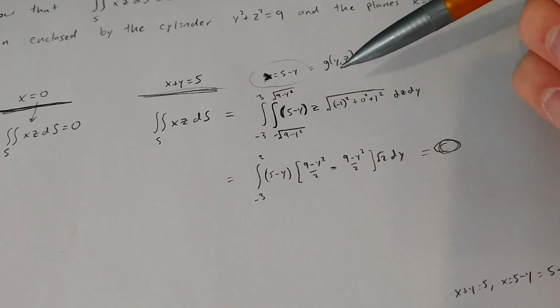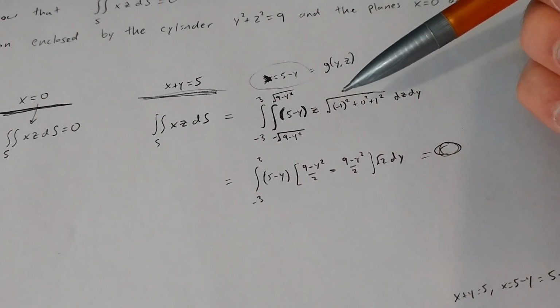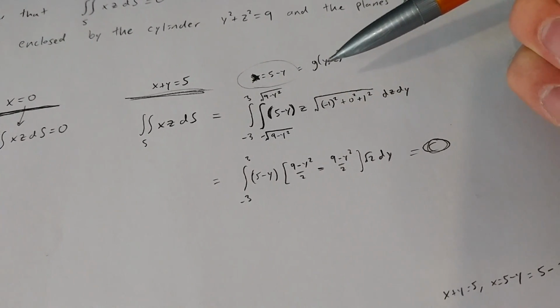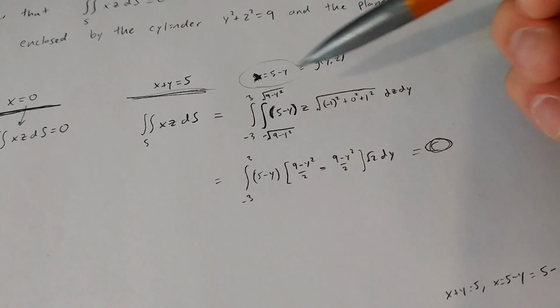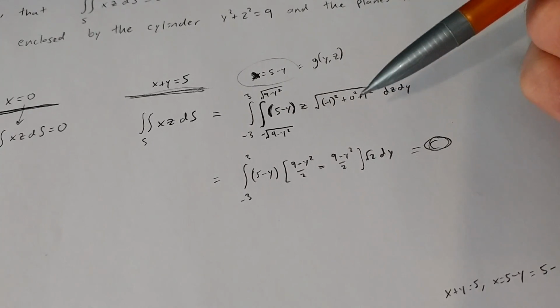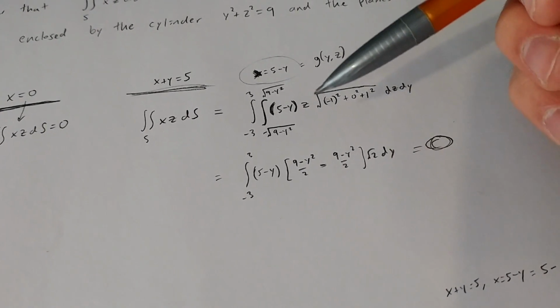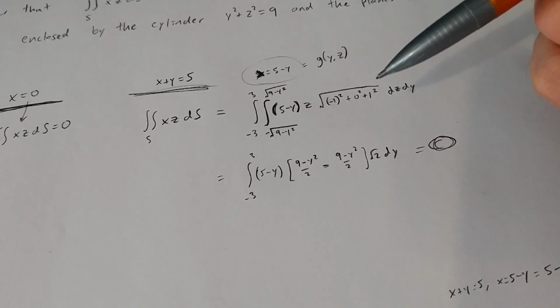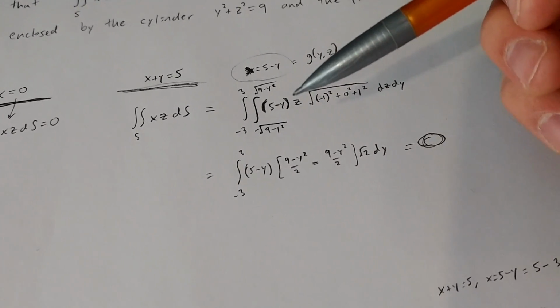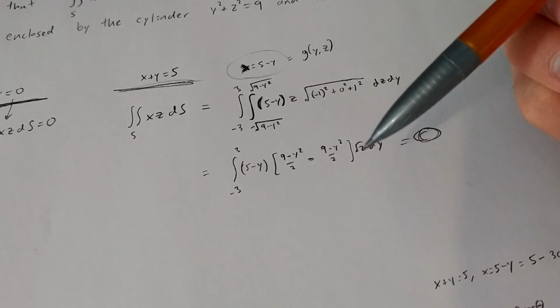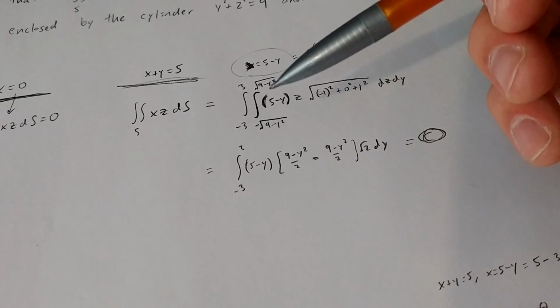So if you take the partial derivative with respect to y, you're going to get minus 1, and then you square that. And then with respect to z, z's not in there, so it's 0. And then you just have 1. That's part of the formula. So that's going to evaluate to square root of 2, but we won't need it because this integral is supposed to evaluate to 0. But it's here anyway.